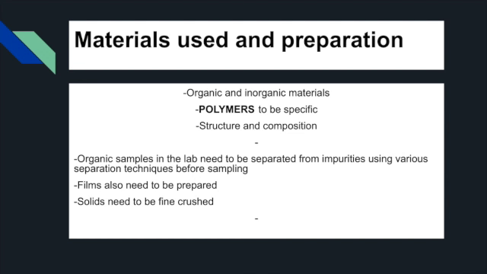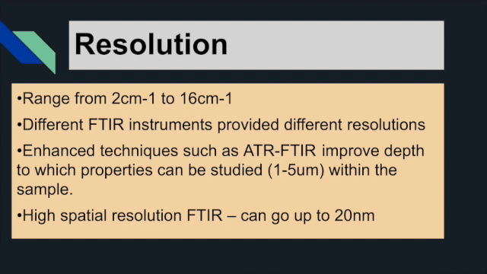Also, solids need to be crushed because you only need a small sample of it to place on the machine. And films also need to be prepared into a thin film to be placed on the machine that takes films. The resolution can range from 2 inverse centimeters to 16 inverse centimeters, and this also depends on what type of instrument is being specifically used.